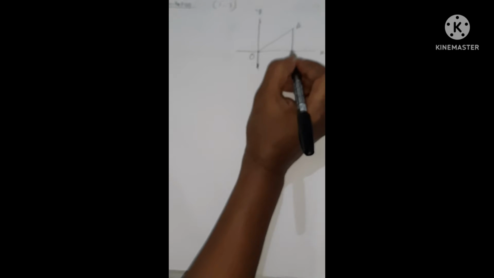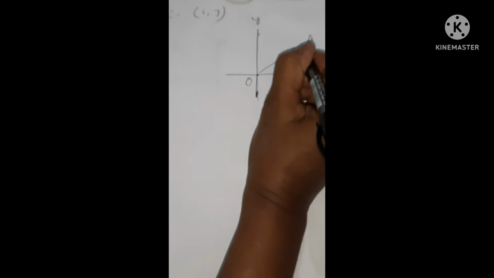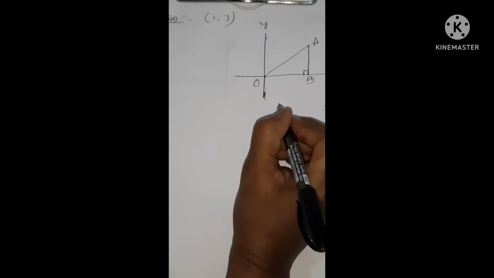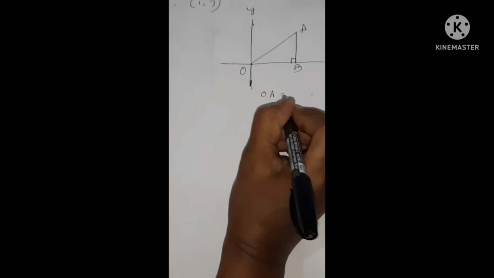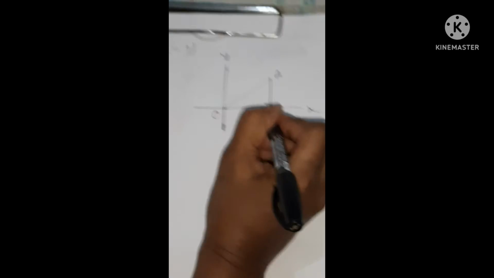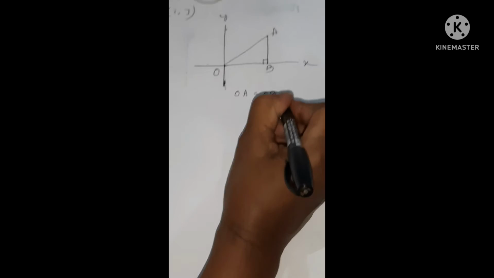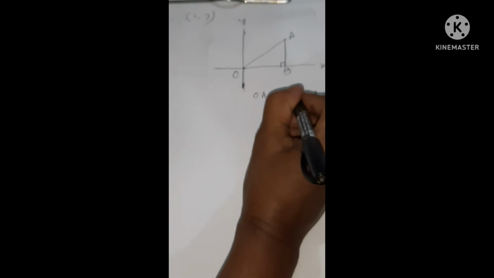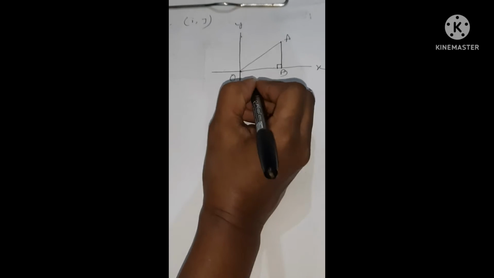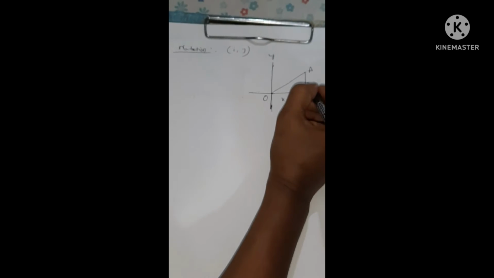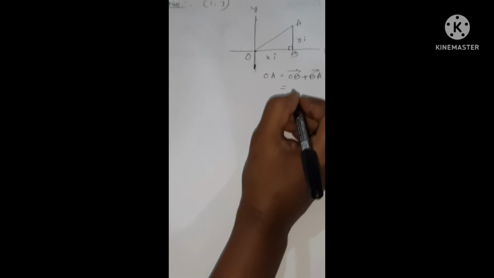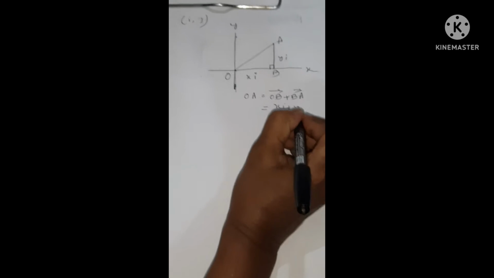We draw a perpendicular to the OX line. So OA equals OB plus BA. OB equals xi and AB equals yj. So xi plus yj.